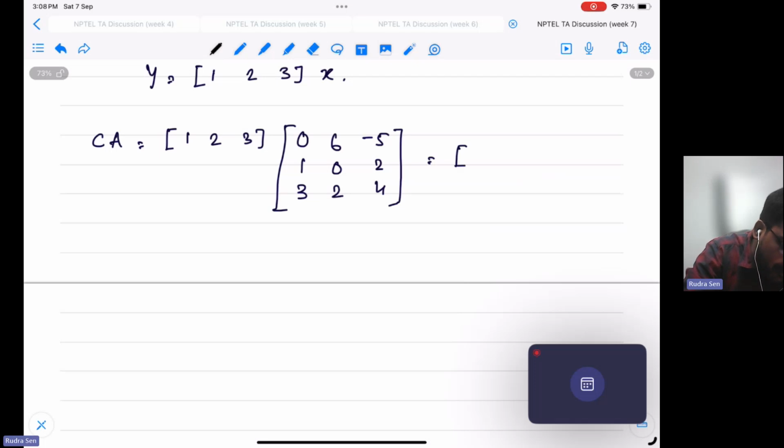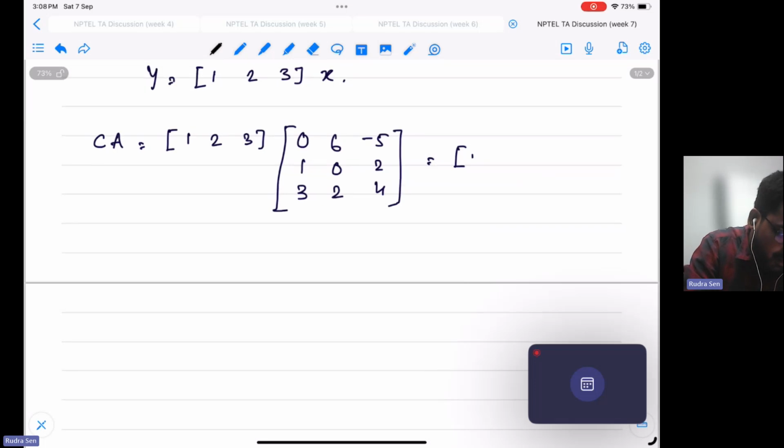This gives 2 plus 6, 2 plus 9, 11, 6 plus 6, 12, and minus 5, 4, that is minus 1 plus 12, that is 11.